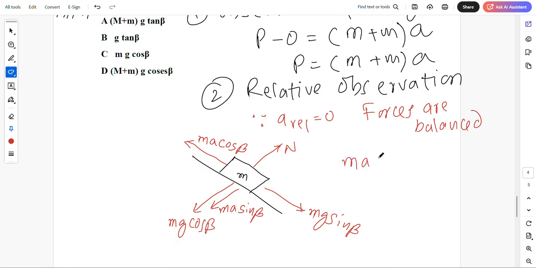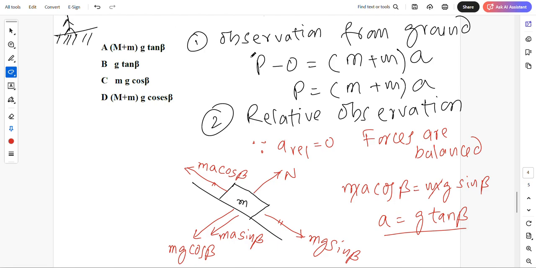MA cos of beta is same as this one, that is mg sin of beta. Okay. M gets cancelled. A is equal to g sin by cos, which is tan of beta. I got acceleration.